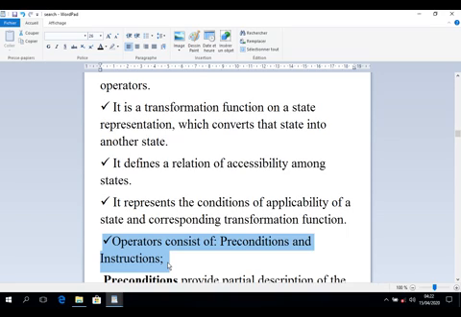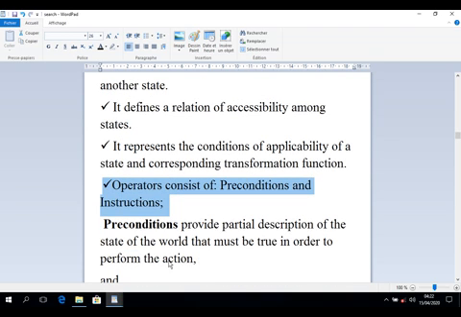It means that from this initial state, the states that are directly accessible are only 3. So that is the applicability of the state.